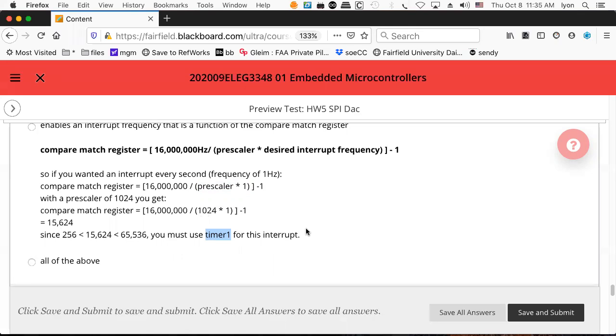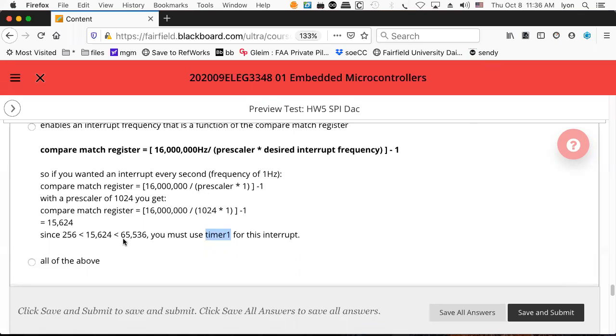So is it all the above? Yeah, I think so, because I need the 16-bit timer, that's for sure. And this tells you how to get the frequency of your interrupt, which is really good, actually. You need that. So you figure out what kind of prescaler you're going to need, because your temptation might be, oh, let's just make the prescaler 1, and we'll have a precision equal to 1/16 megahertz of a second.